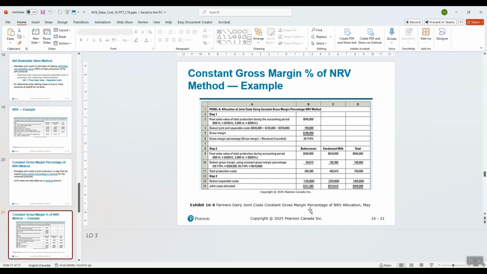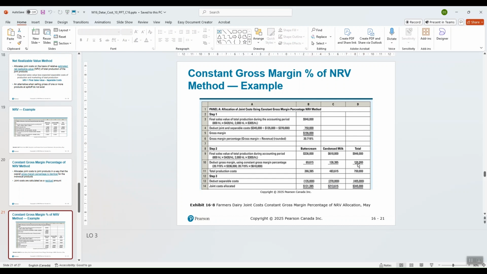In step two, we look at the sales for both the products, and from there we take the cost, which is 336. You see that 196 was your gross margin, so this is kind of a backward calculation. We take the sales. Out of that, we know that the gross margin was 196 for the company.